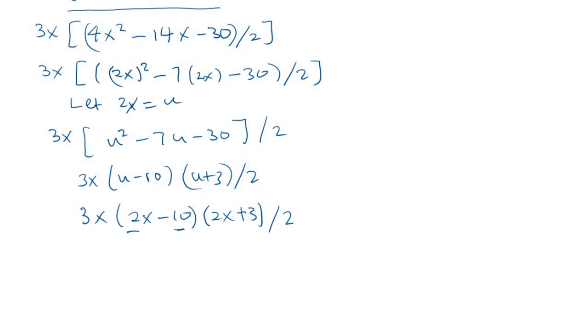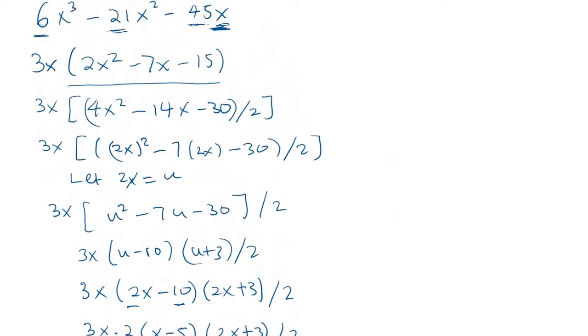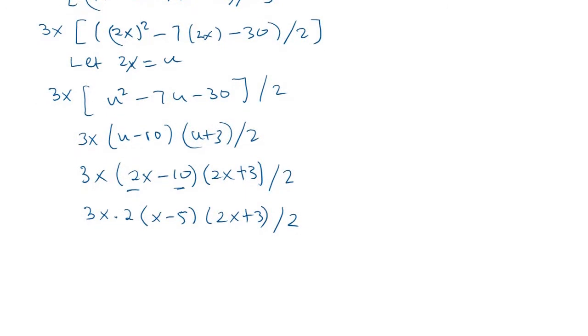So it'll be 3x times, with a 2 coming out, x minus 5, and then 2x plus 3. So divide by 2. Usually the 2 that you multiply with at first is going to come out at the very end as a factor, so we can just cancel it like that. The final factored form for this problem is 3x times x minus 5 times 2x plus 3.